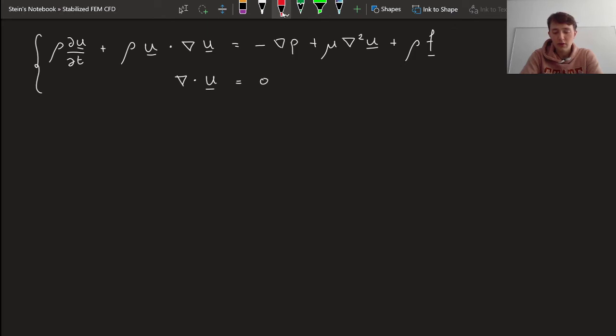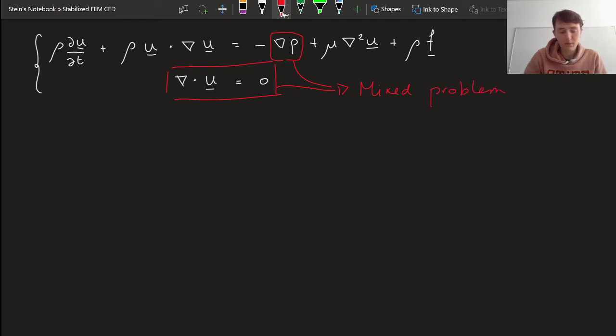difficulties. So the first one was that we have this combination of a pressure field and a velocity field. That had to do with the mixed nature of the problem. The second difficulty was that we have this term that we're unfamiliar with.